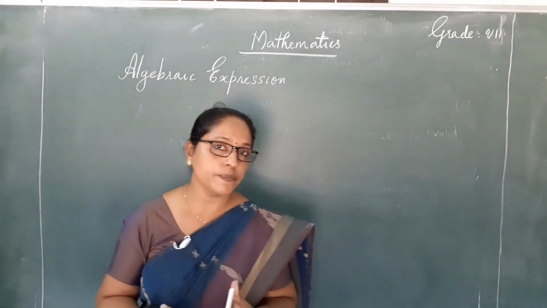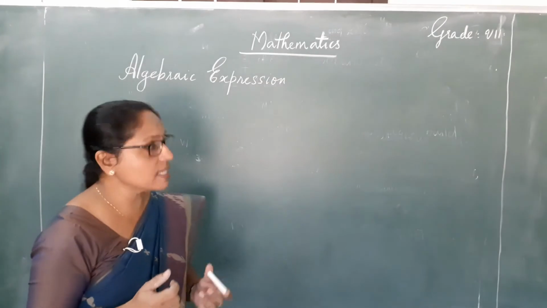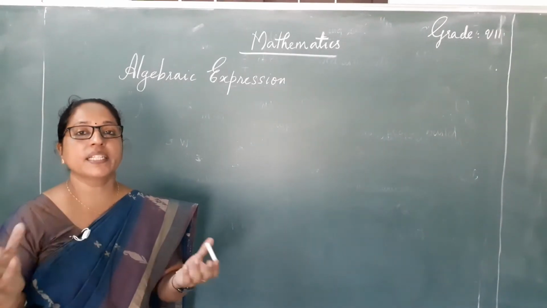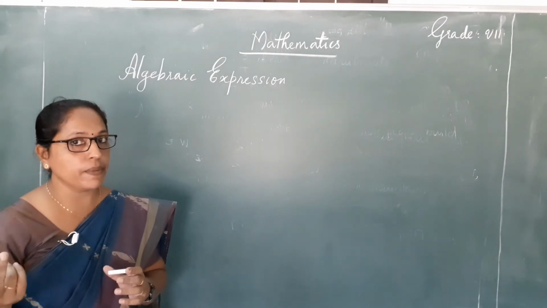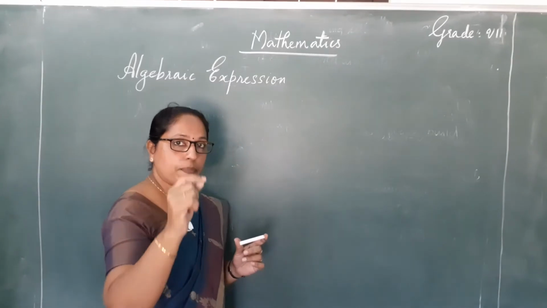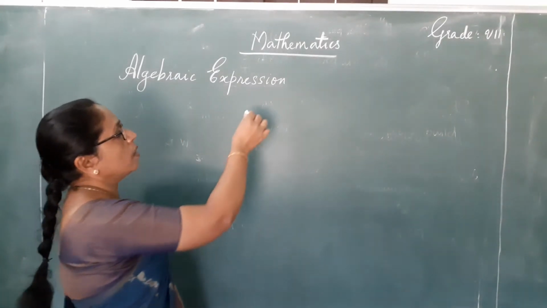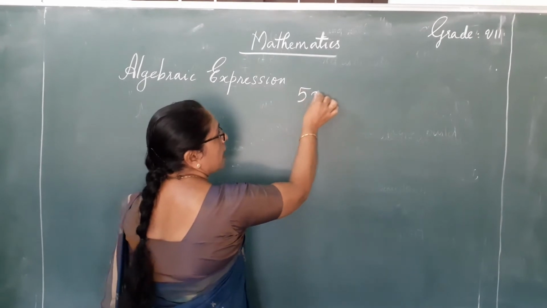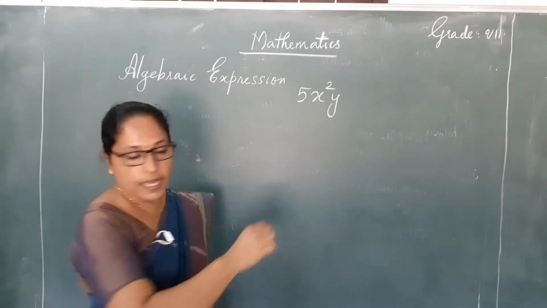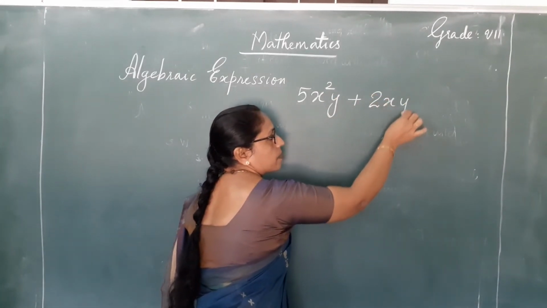It is an expression which contains numbers and variables connected with symbols. Which are the symbols? Plus, addition, subtraction, multiplication and division. So here I am taking an algebraic expression 5x square y plus 2xy.